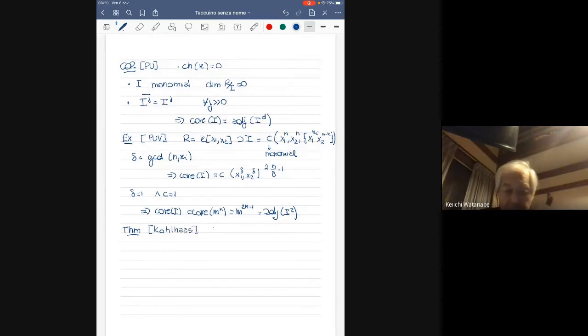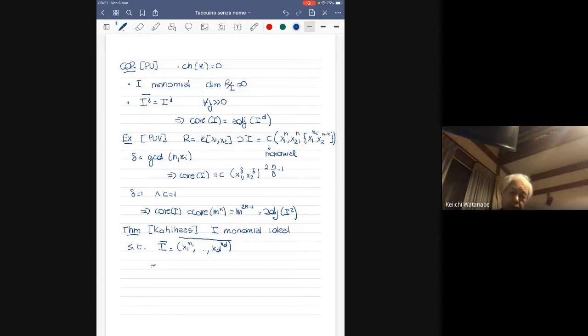She proved that if I is a monomial ideal such that the integral closure of I is the integral closure of a regular sequence, this means in particular that I is zero dimensional, and also that it has a monomial reduction, which usually is not the case, unfortunately.